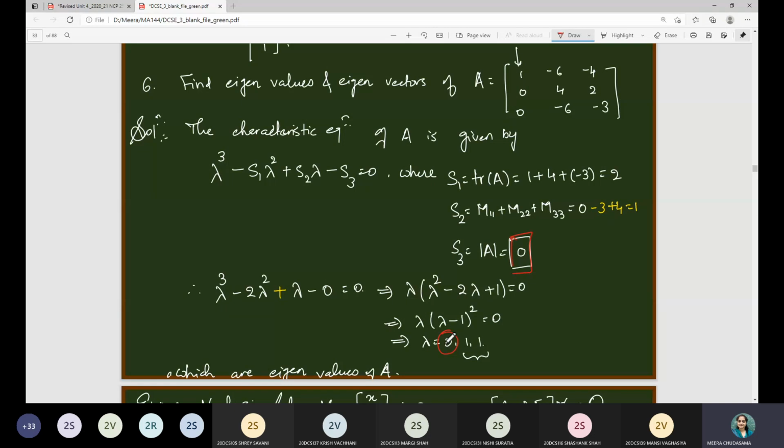This is an if and only if statement. Means अगर 0 eigenvalue मिलती है तो corresponding matrix will be non-invertible, as well as if matrix is non-invertible then 0 will be one of the eigenvalues. तो ये property यहाँ इस example में satisfy हो रही है. That is the point I want to make clear.